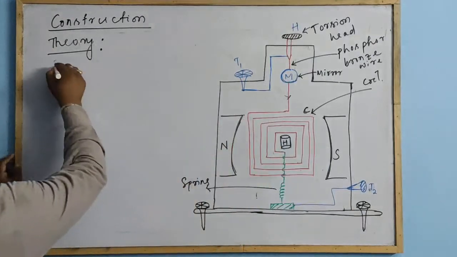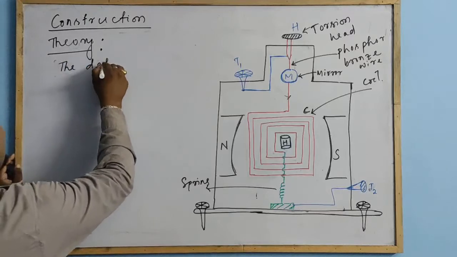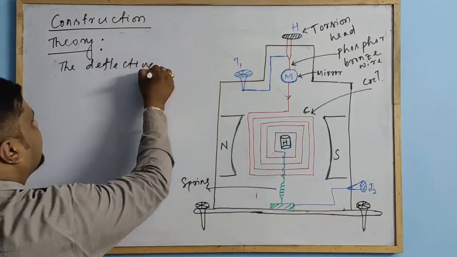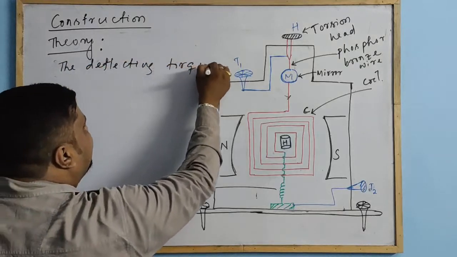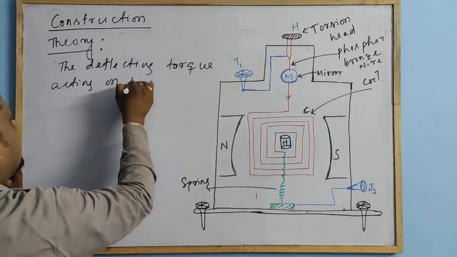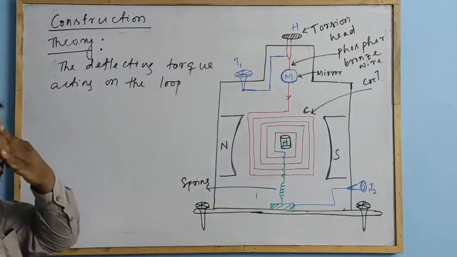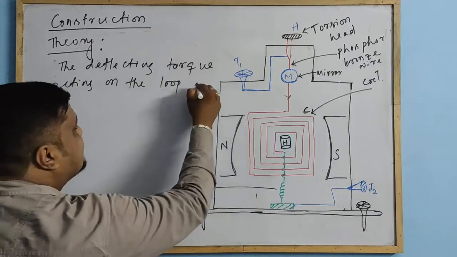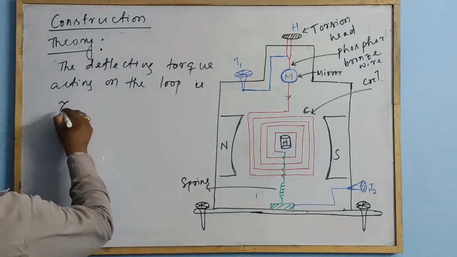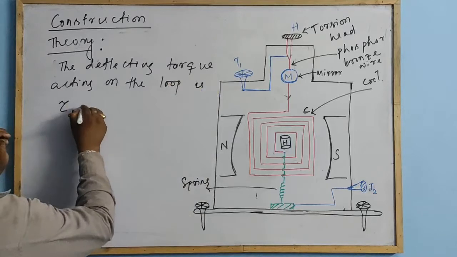So when current flows, the deflecting torque acting on the loop or coil is tau, the deflecting torque. Let me write this as tau d.